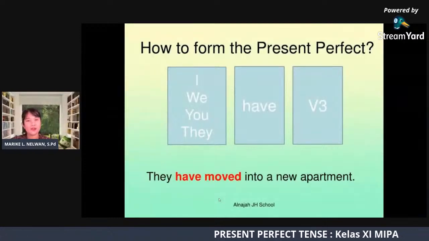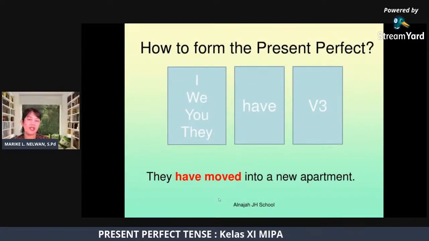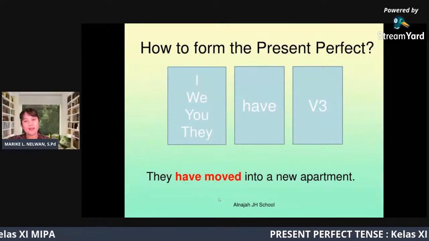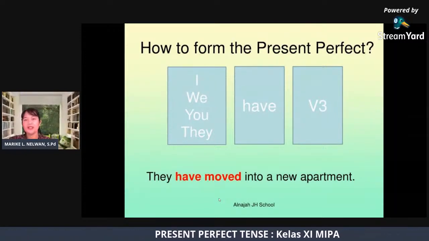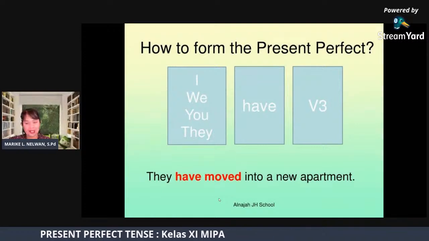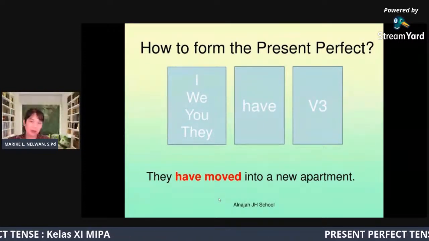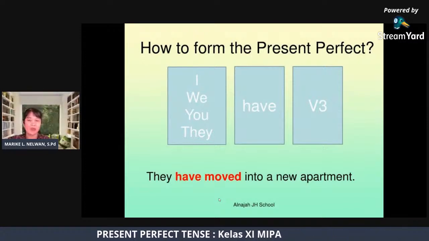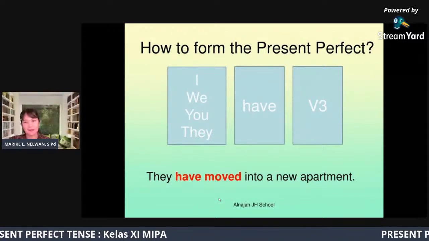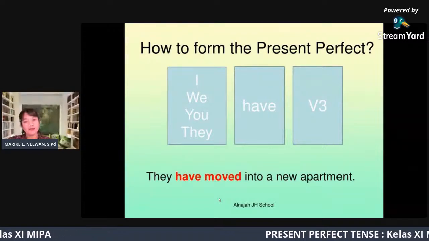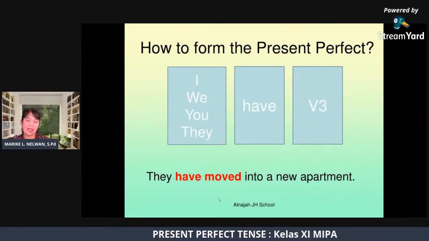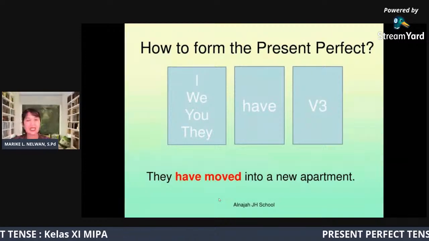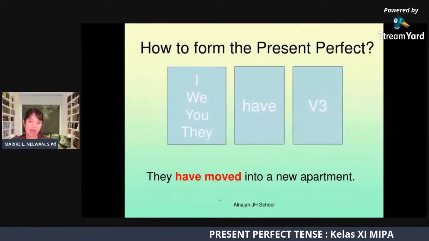Let us see how to form the present perfect. You can see in this screen, if we use subject I, we, you, they, and then should be followed by have and also verb 3. You can also look the example. They have moved into a new apartment. Kalau kalian ingin mengatakan mereka sudah pindah ke sebuah apartemen yang baru.